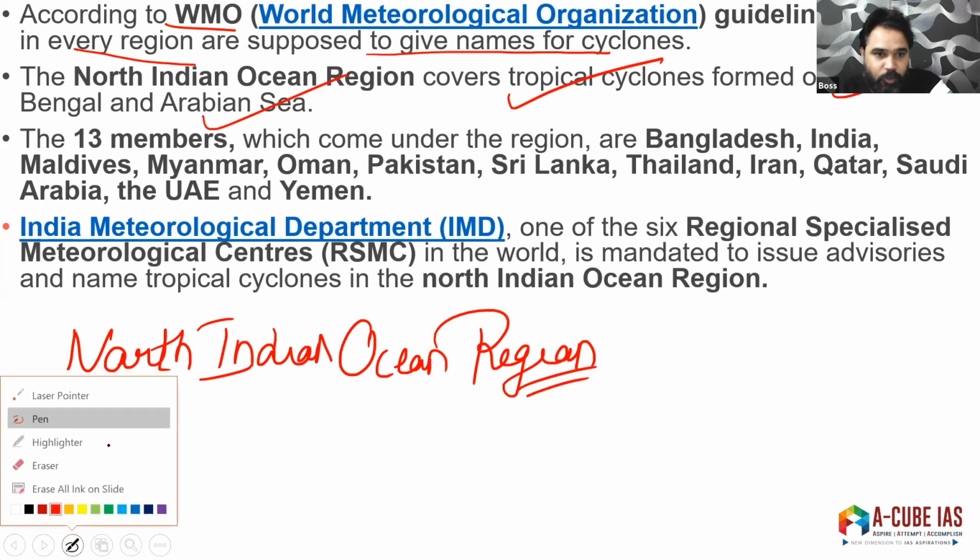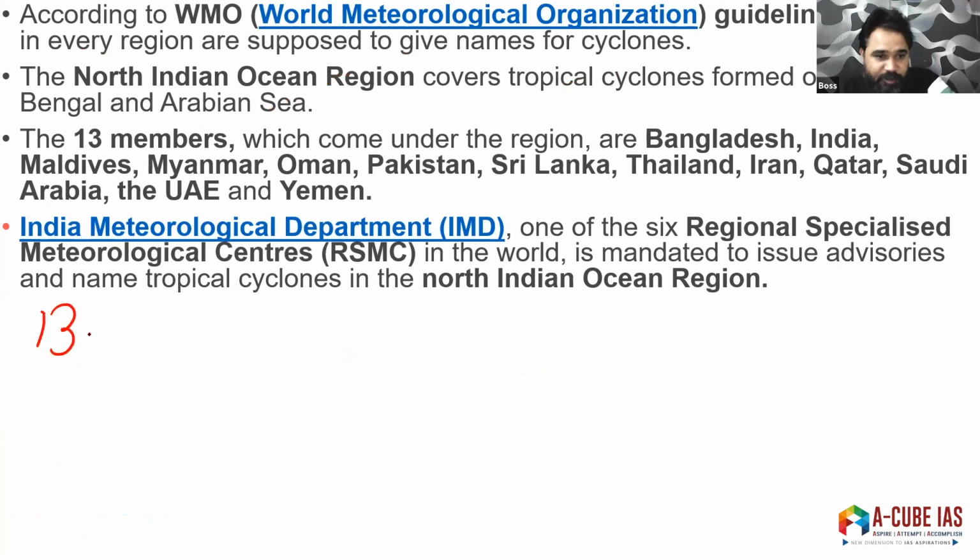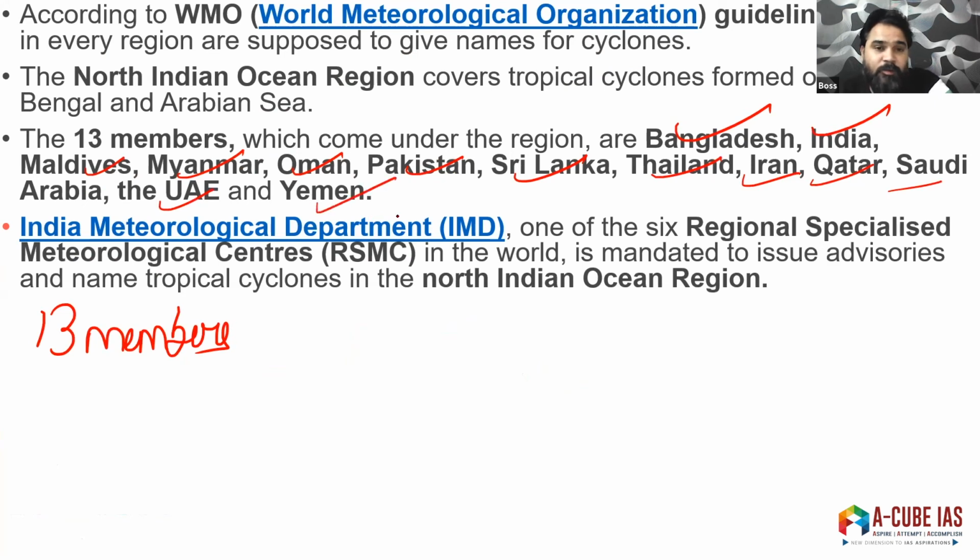This is a total group of 13 countries: Bangladesh, India, Maldives, Myanmar, Oman, Pakistan, Sri Lanka, Thailand, Iran, Qatar, Saudi Arabia, United Arab Emirates, and Yemen.